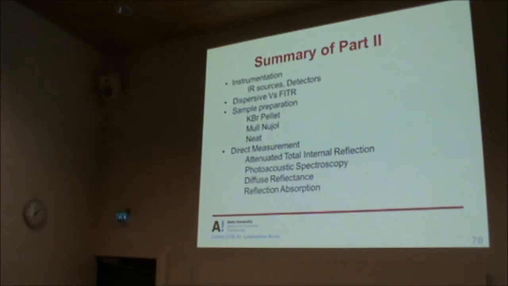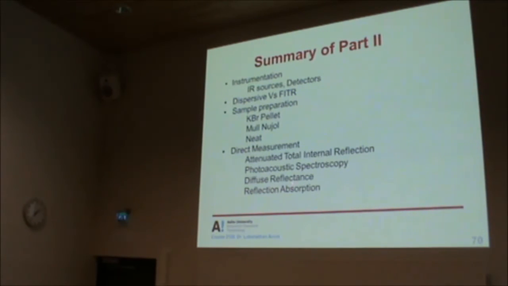And next we moved on to 3 techniques where we don't need any sample preparation. One is attenuated total internal reflection, where we depend on the evanescent wave propagating into the lower refractive index medium. And then we moved on to photoacoustic spectroscopy, where we used the change in pressure caused by the temperature difference, and that was used for detecting the absorption.